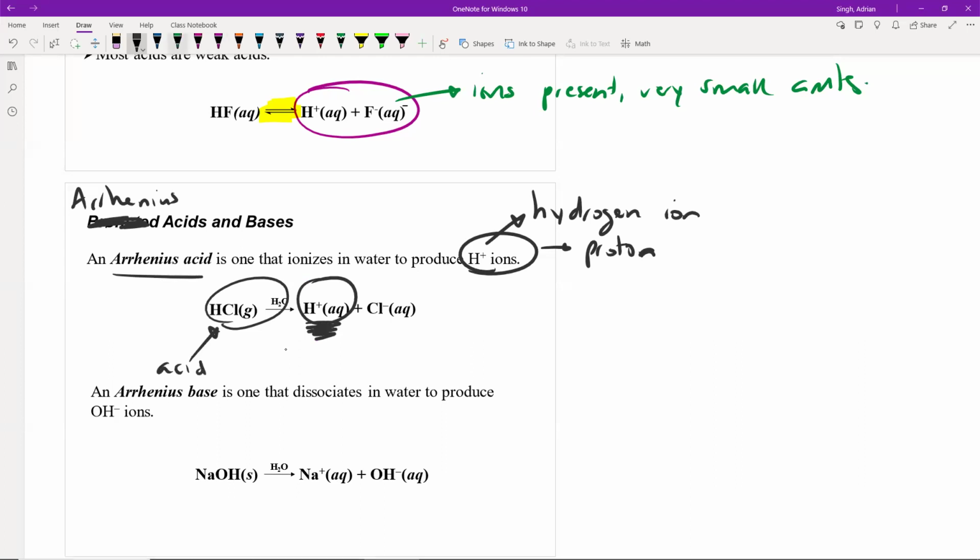An Arrhenius base, on the other hand, is one that dissociates in water to produce the hydroxide. And you can normally tell that something is an Arrhenius base because you can actually see the hydroxide in the formula, right? So we do get the hydroxide ion in that solution. We could normally tell something is an Arrhenius acid because in order to produce H plus, guess what you need to have in the formula.